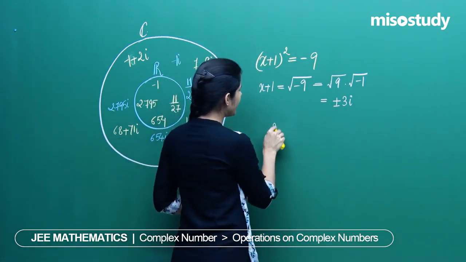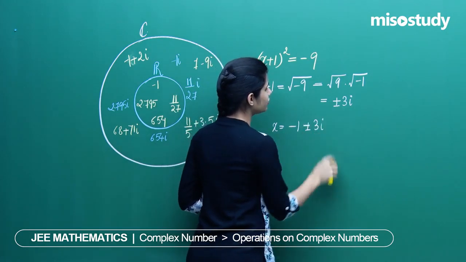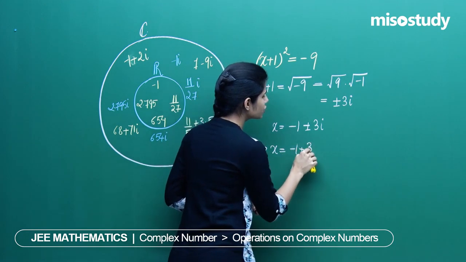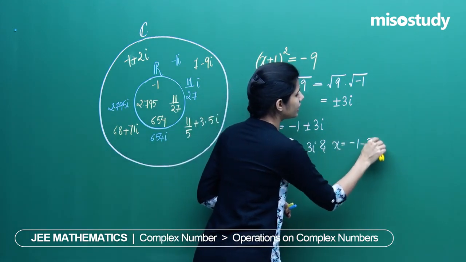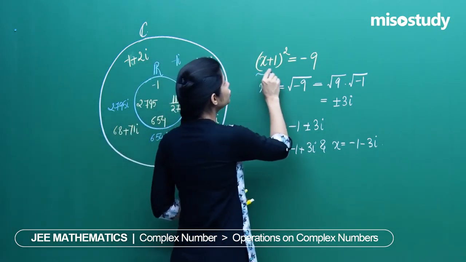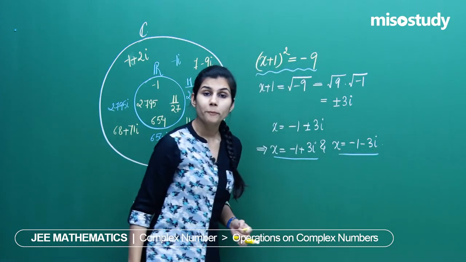That means what is your x? X happens to be minus 1 plus minus 3 iota, which implies x is equal to minus 1 plus 3 iota and x is equal to minus 1 minus 3 iota. That means the solutions of this equation are these two complex numbers.